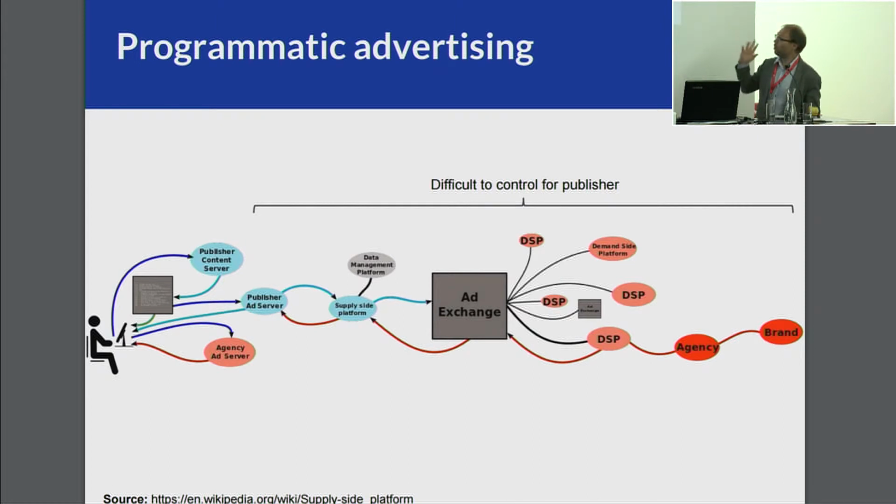One of the areas where this becomes very complex is that of programmatic advertising, where third parties are including other third parties based on a dynamic bidding model. And the publisher, the website owner, does not have a lot of control over what happens down the line.